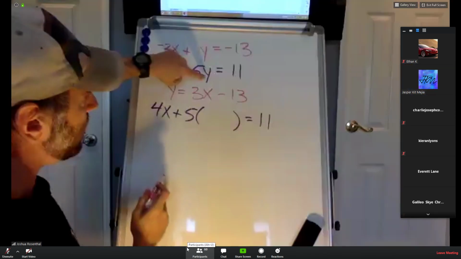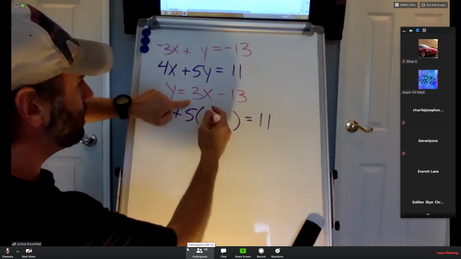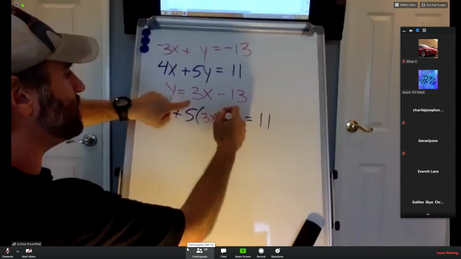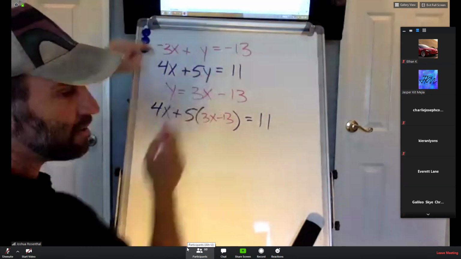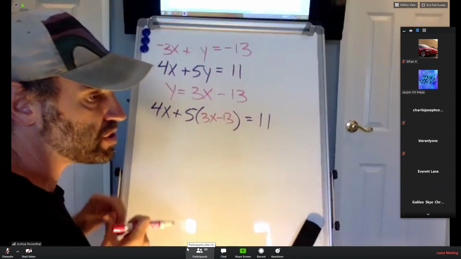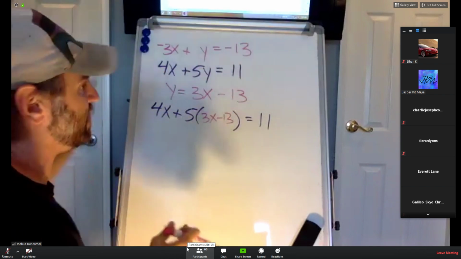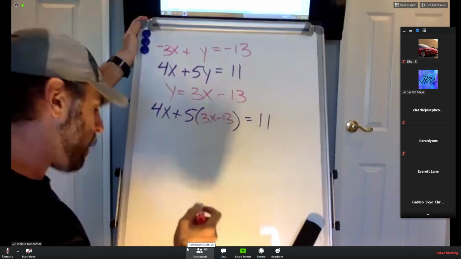Y, which was right here, I remove that and put y is 3x minus 13, because that y and that y are the same at that point, right? Because they're the same only at that point, which is the point I'm trying to find. That's why we're doing that. Now, distribute.